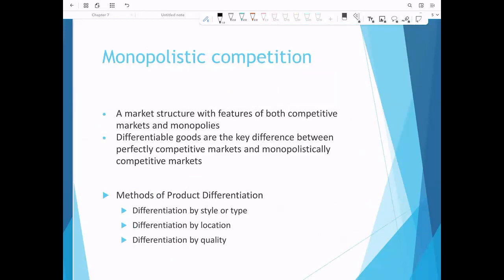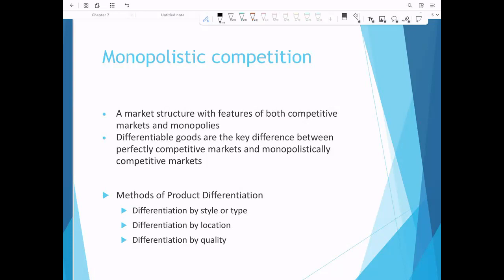Okay, so monopolistic competition is a market structure with features of both competitive markets and monopolies. One of the most important things to understand, and how it's different than a perfectly competitive market, is that the goods are differentiable. And what does that mean?